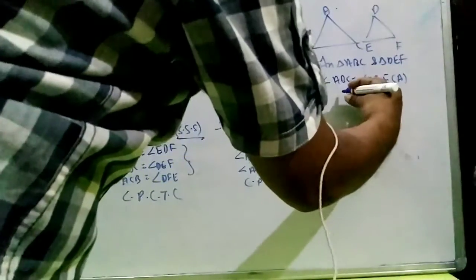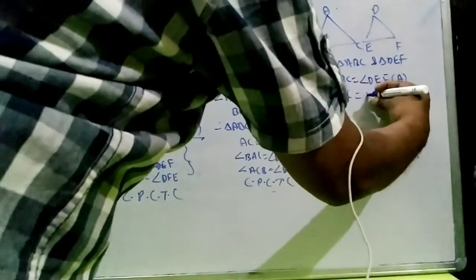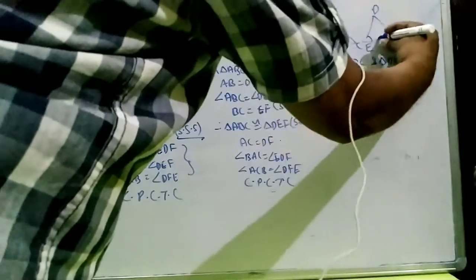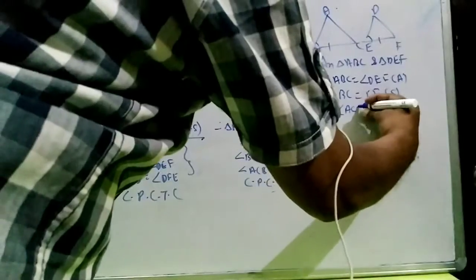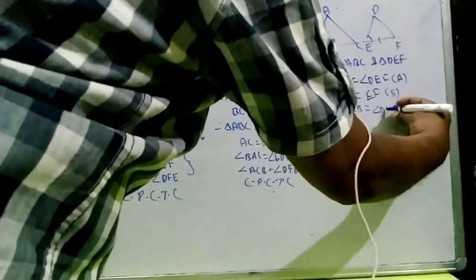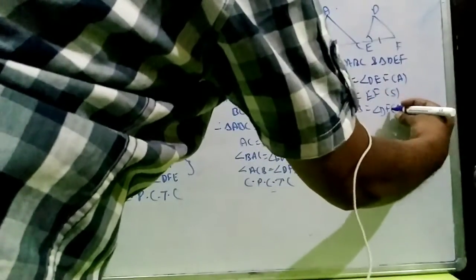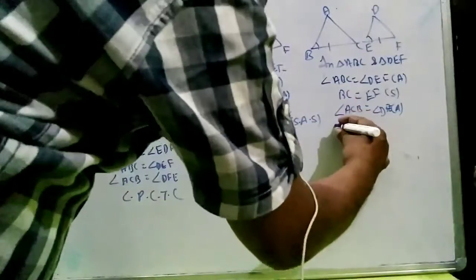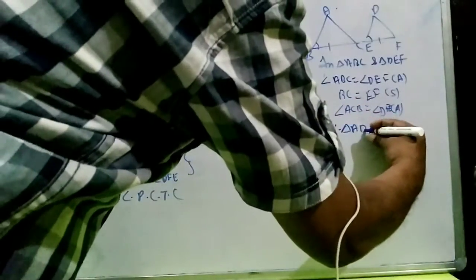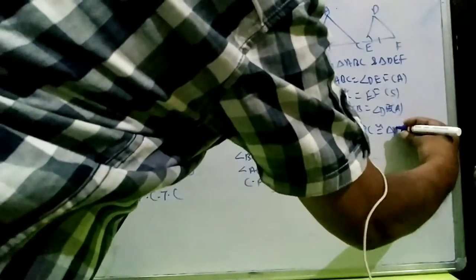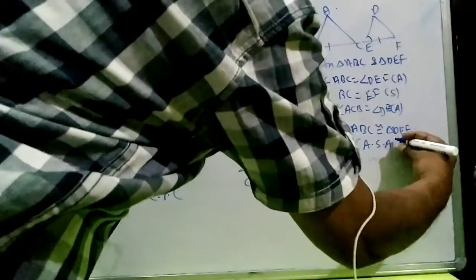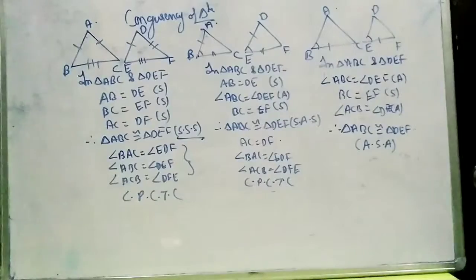Angle is given. Then the side BC is equal to EF, that is a side. These two angles were equal, this side was equal, and angle ACB is equal to angle DFE, that angle is also equal, which also proves that triangle ABC is congruent to triangle DEF. By which property? ASA, angle side angle.